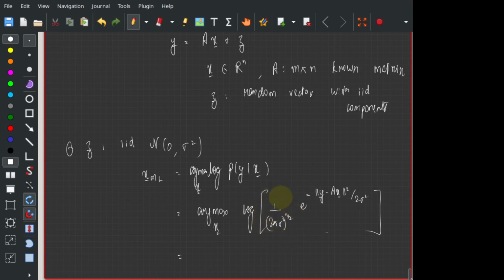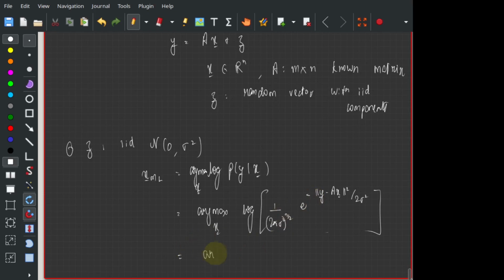We're only interested in that part of the function which depends on x, because everything else is just either a scaling factor or a shift. What we want is the argmax. Log is of course monotone, so I have e raised to minus norm of y minus Ax the whole square by 2 sigma square. Maximizing this quantity is the same as minimizing norm of y minus Ax the whole square. Do you all agree?